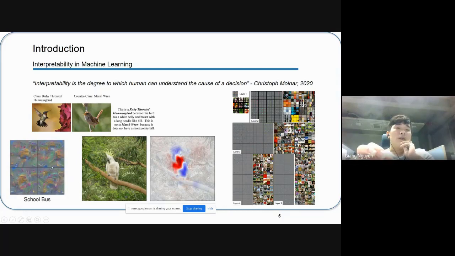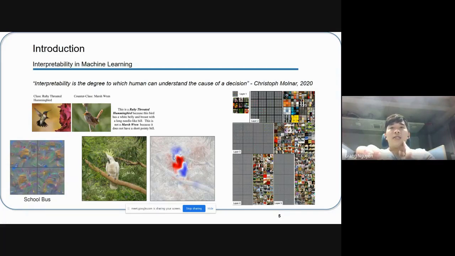Also, there is work that tries to visualize what a channel in a deep neural network is looking for. For example, a channel of a VGG network is looking for school buses, like in the bottom left corner. And there is another work called prediction difference analysis.